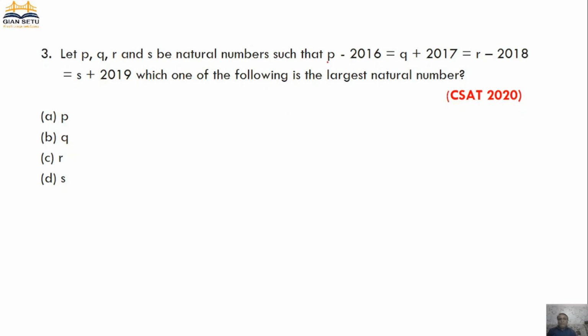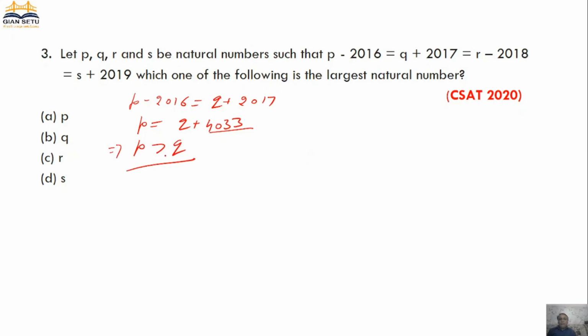Now first let's compare P with Q. P minus 2016 is equal to Q plus 2017, so P is equal to Q plus 4033. This implies that P is greater than Q.